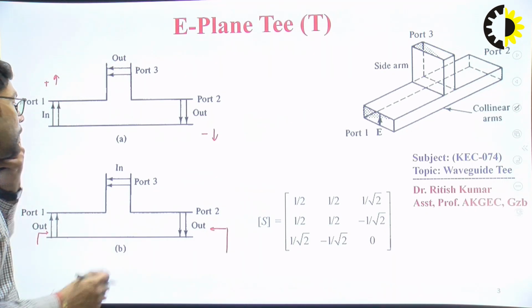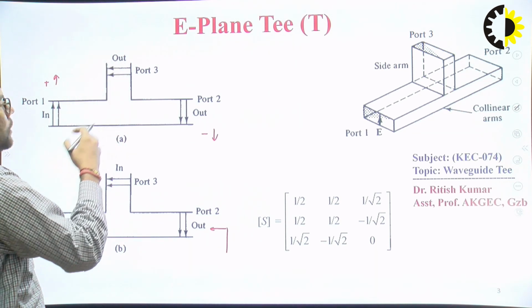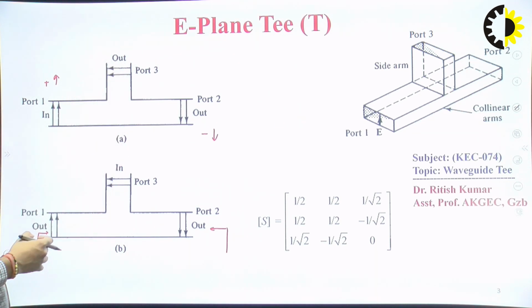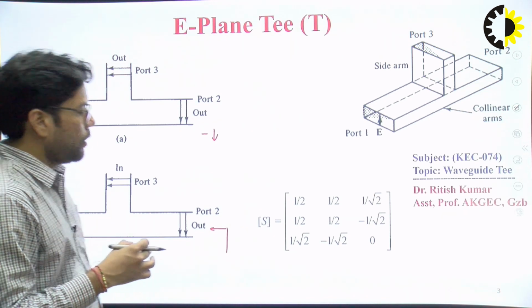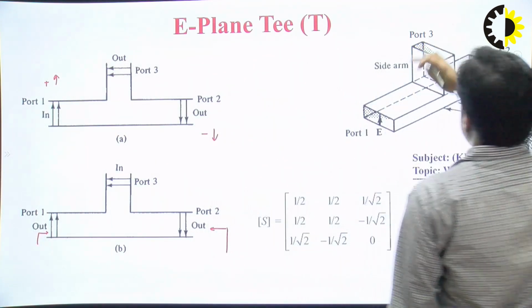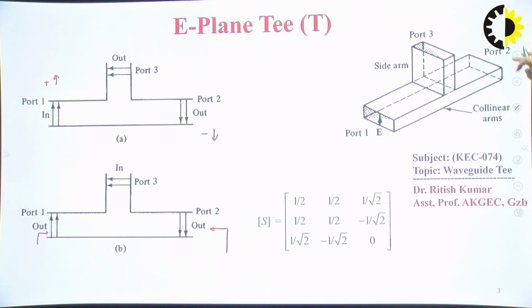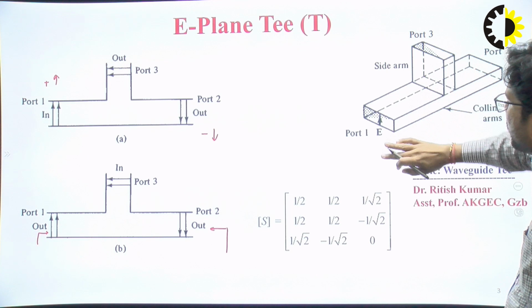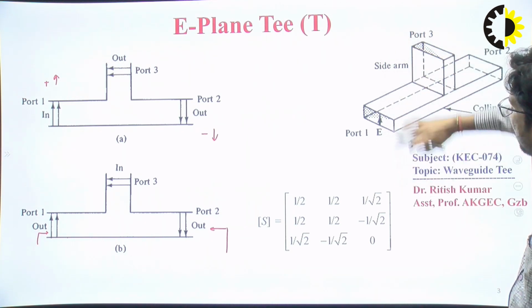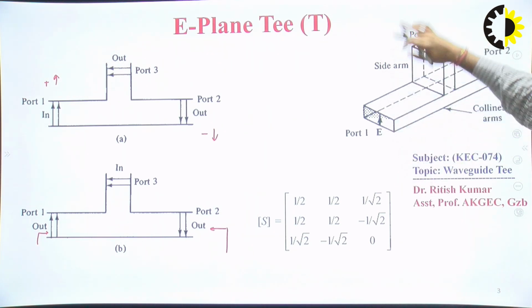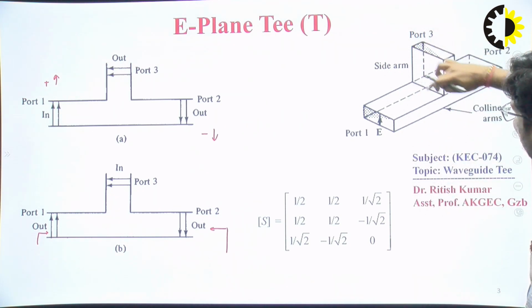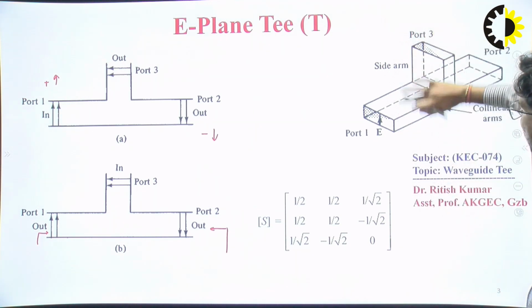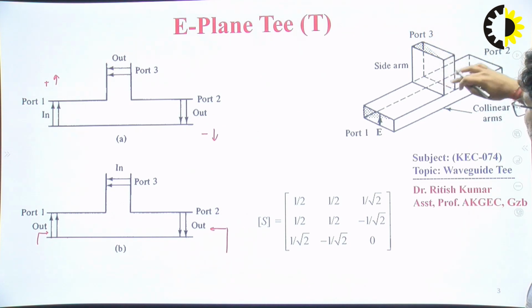This is the cross-sectional view of this E plane T, and if you look at the 3D view you can observe this is an E plane T. Why are we calling this an E plane T? Because this plane is the E plane, having the electric field, and this arm is parallel to this plane, right? That's why we are calling this an E plane T, right?